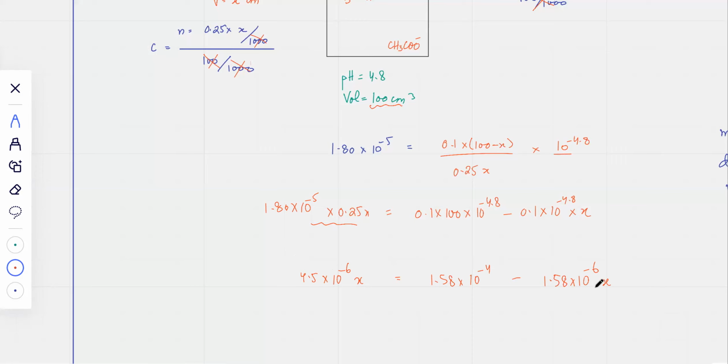Add this with this. 6.08 multiplied by 10 to the power of negative 6.